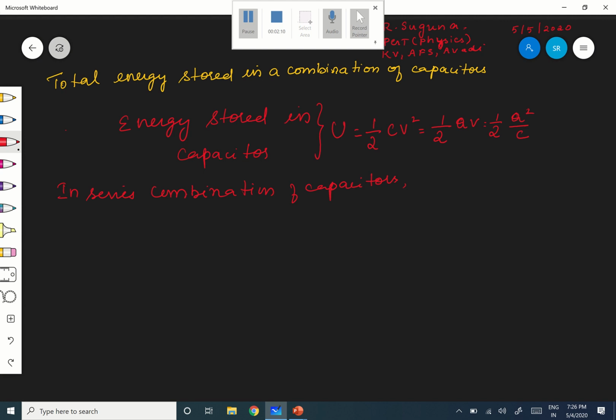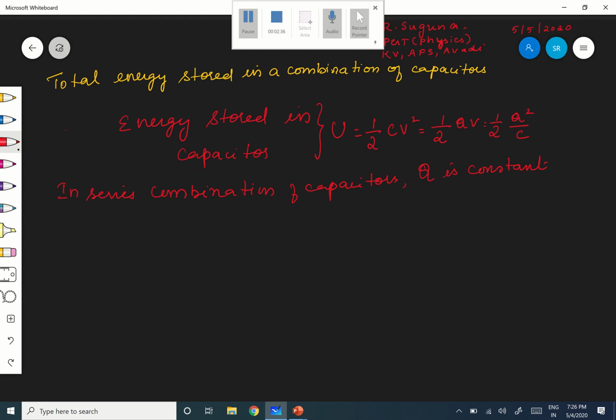When they are connected in parallel, the potential difference across the plates of the capacitor, V, is constant. Now in series combination, Q, the charge stored in each capacitor, will be the same. Q is constant. Hope you are following.